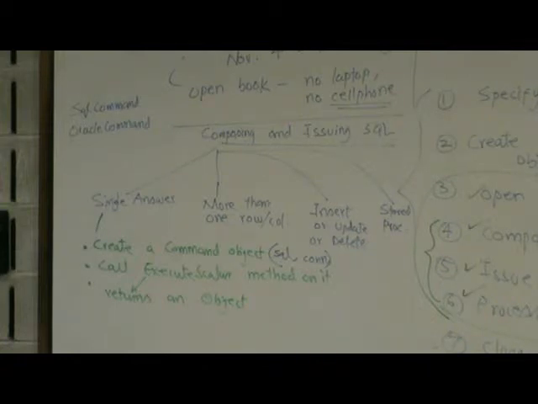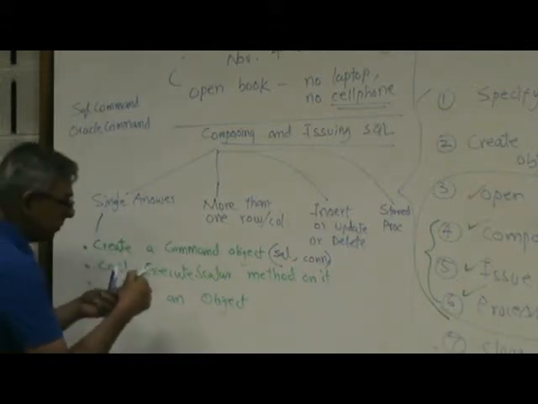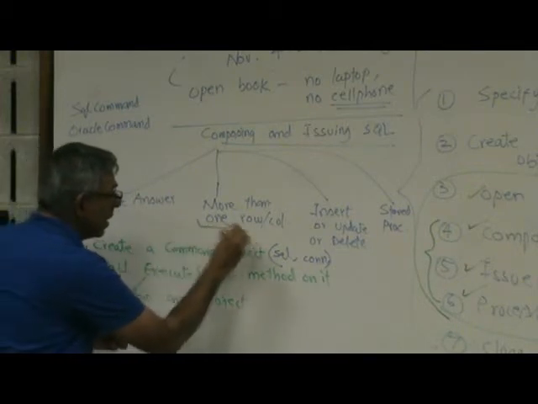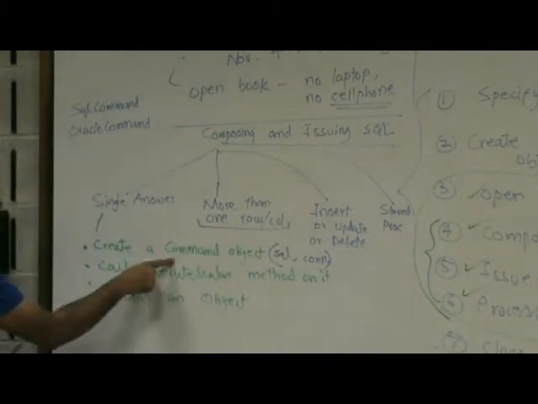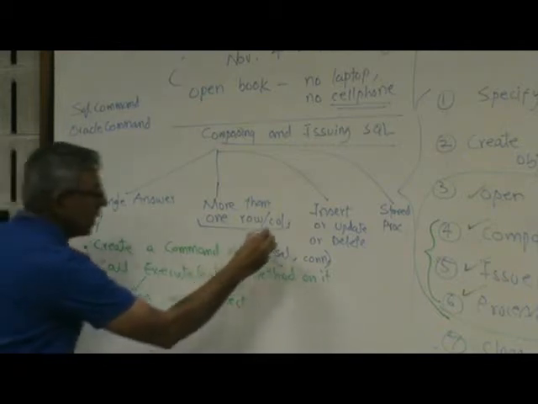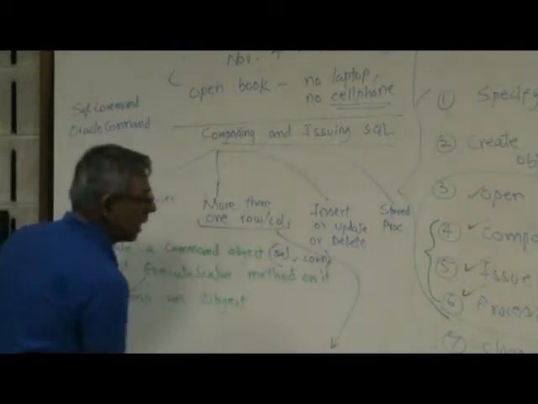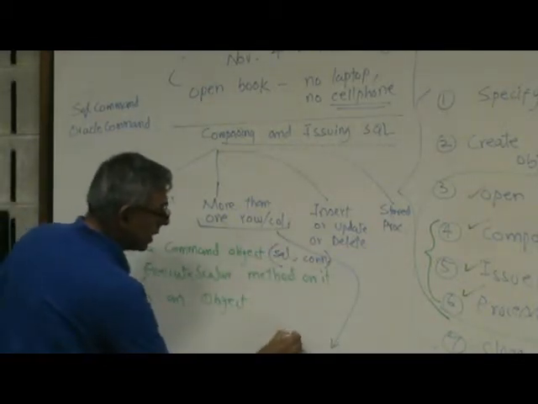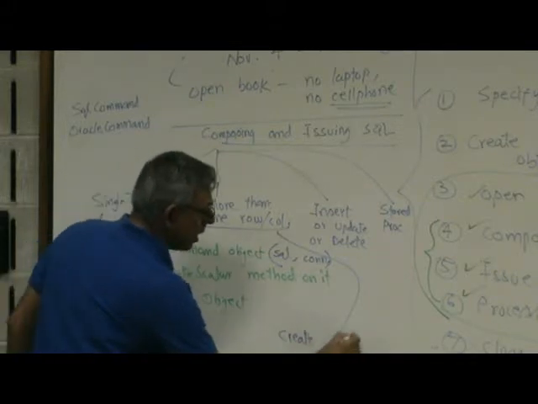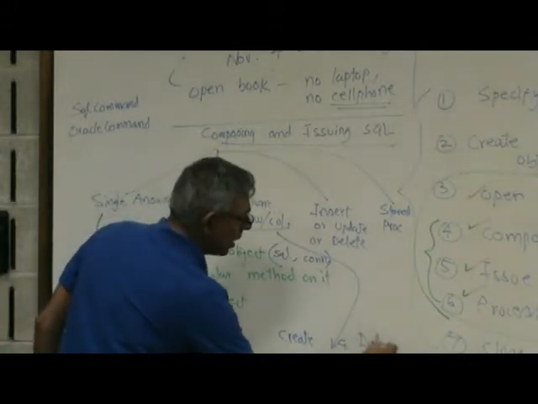Okay, now if you want more than one row, one column from the database, right? Then the code changes a little bit, okay? Instead of creating a command object, for this situation, you will create a data adapter object.